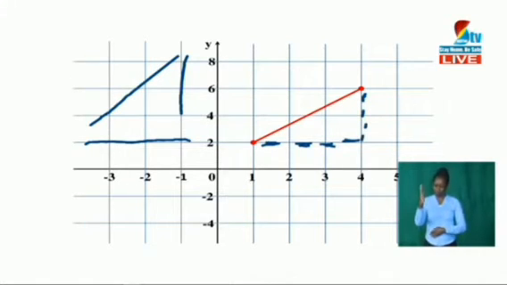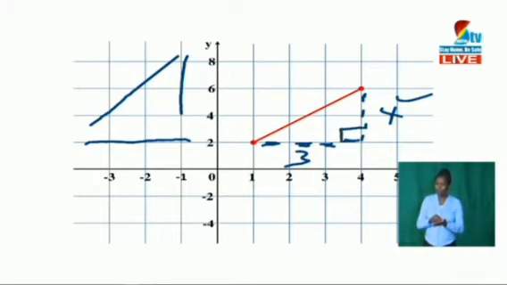Those two lines, we can find their lengths. We've already found the length of this line as 3, dear learners. How about the other side? The length of that line is 4.